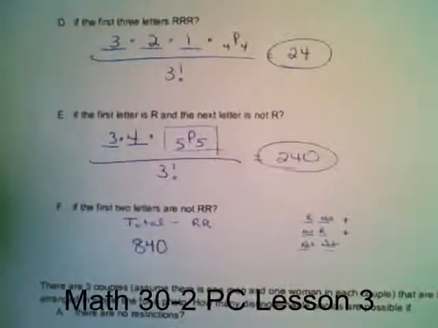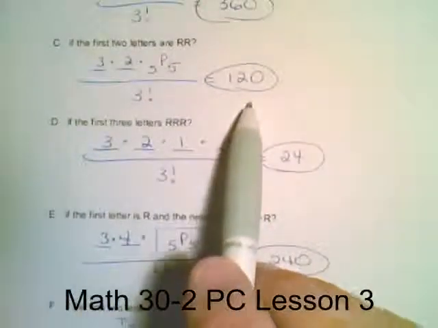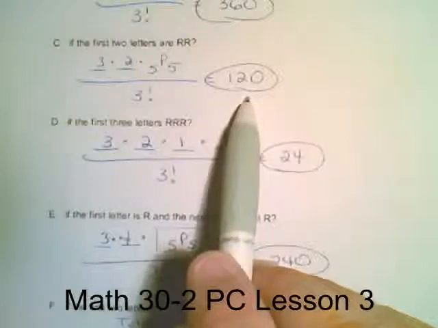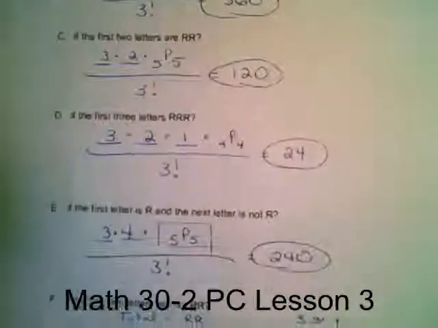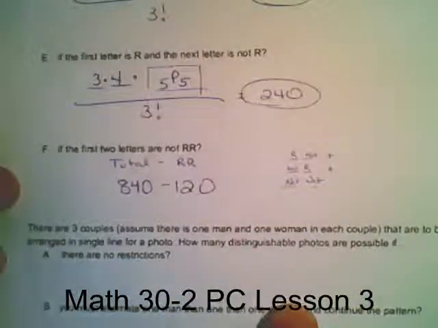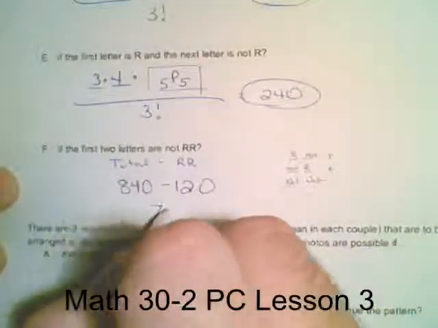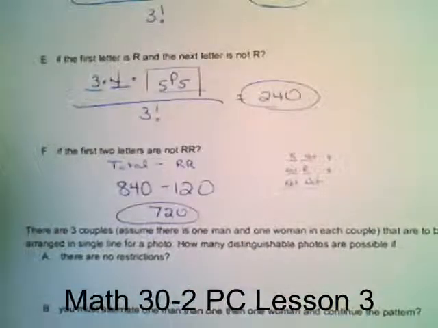The first letter's R and the second letter's not R, or the first letter's not R and the second letter's R, or the first letter's not R and the second letter's not R, and I have a bunch of cases to consider. In each case I'd have to say this, or it could be this, or it could be this, and if I miss a case, I miss the whole thing. This is the quickest way to do it.